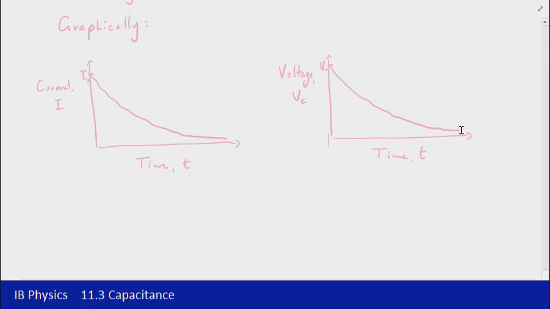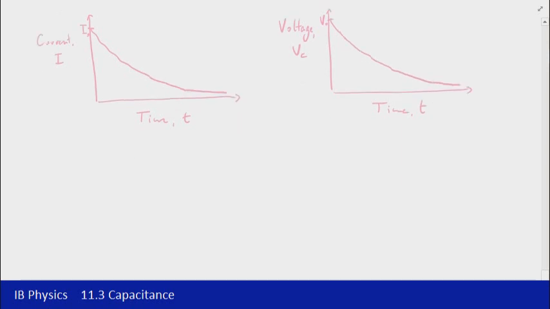Now, because we know that it's going to take longer and longer to get completely discharged, we can see there that in both graphs we've got horizontal asymptotes. And the horizontal asymptotes basically mean it's going to be difficult to determine when it's fully discharged.